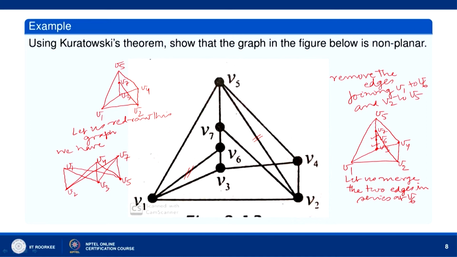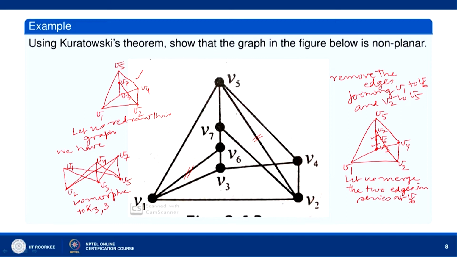B7 is joined to B2, B7 is joined to B5, B7 is joined to B3, then B4 is joined to B3, B4 is joined to B5, B4 is joined to B2, and then B1 is joined to B5, B1 is joined to B3, B1 is joined to B2. So this graph can be redrawn, and we see that this graph is isomorphic to K33.